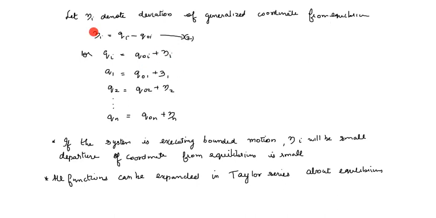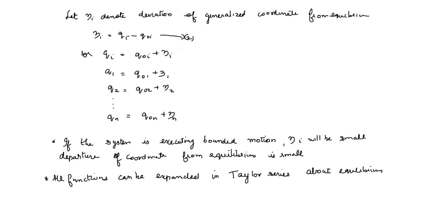That is, eta i is qi minus q0i, or qi can be written in terms of eta i. Therefore, q1 is equal to q01 plus eta 1, q2 is equal to q02 plus eta 2, qn is equal to q0n plus eta n.